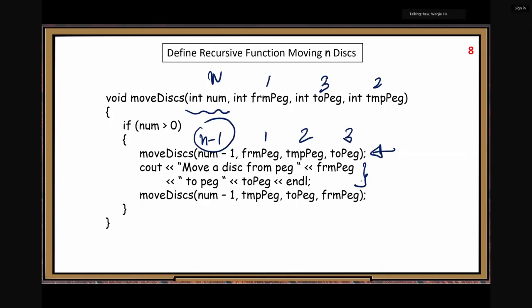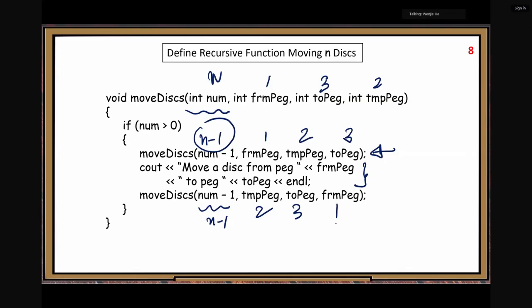After that, we do another n-1 version of the solution, and the 3 pegs: peg 2 is the source, peg 3 the destination, still the same destination, and peg 1 is the intermediate peg.